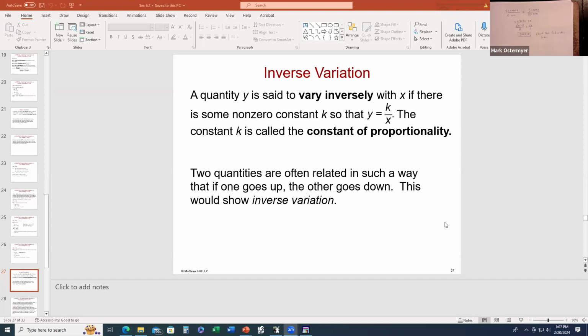So if you drive a heavier vehicle, you're going to get lower fuel economy. You drive a lighter vehicle, you're going to get greater fuel economy. That's an inverse variation that exists between weight of a vehicle and its miles per gallon. That's one example.